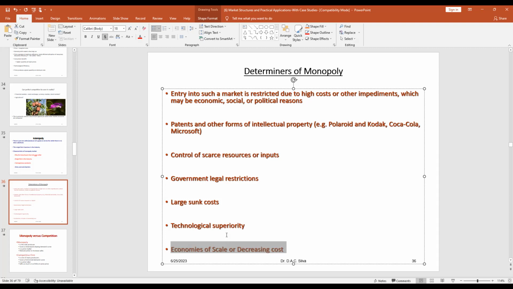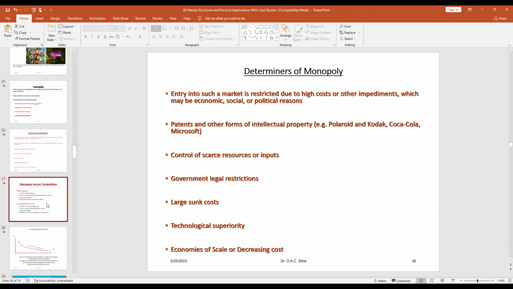If a new company comes, they cannot make large productions. As a result, their cost of production is high. Therefore, they cannot run their business because they would be selling the same product at a higher price. But large companies can sell the same product at a lower price. Therefore, small companies cannot exist.